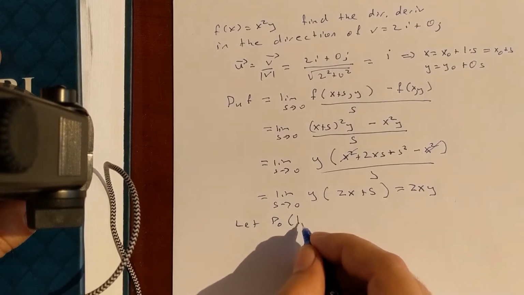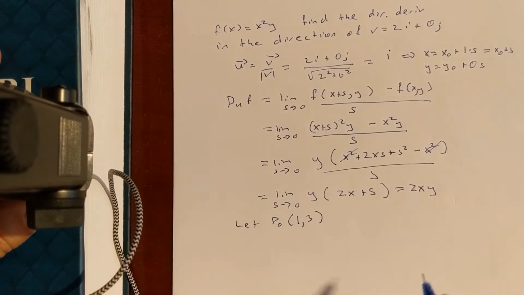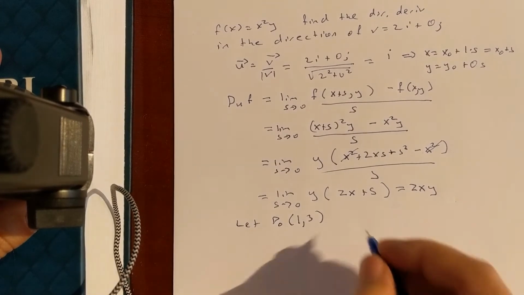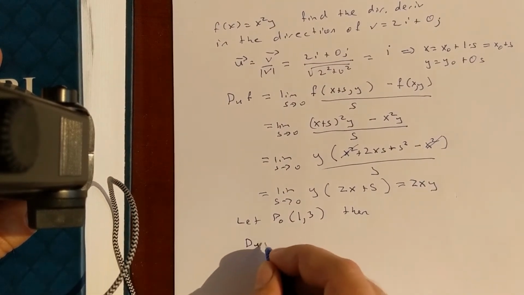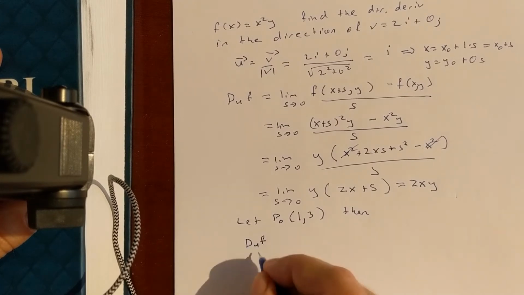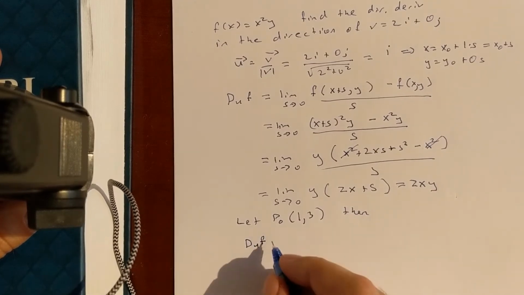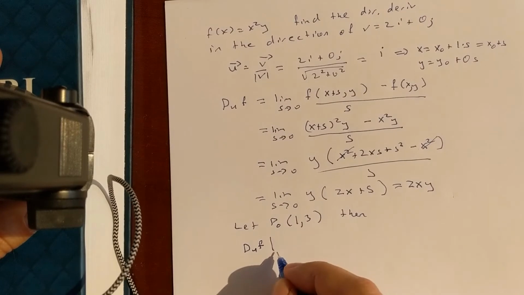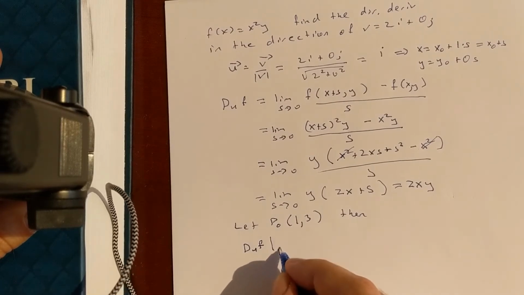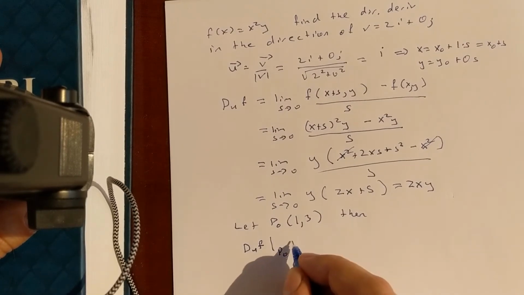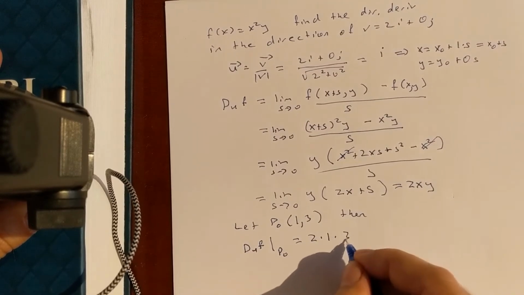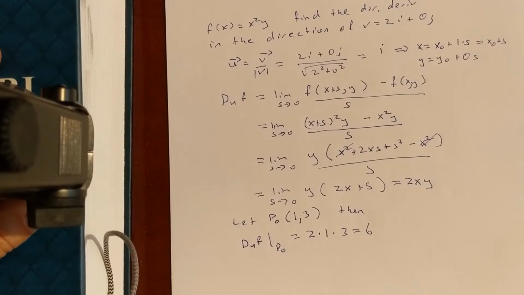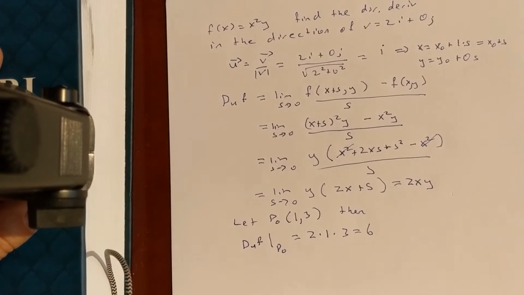Then D_u evaluated at p naught, the point (1, 3), would just be 2 times 1 times 3, which is 6, right?